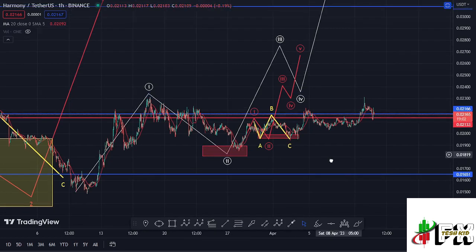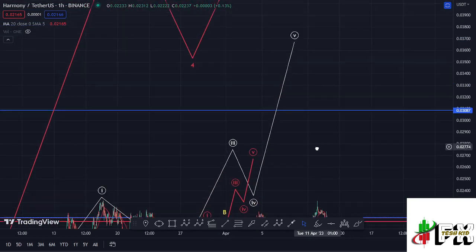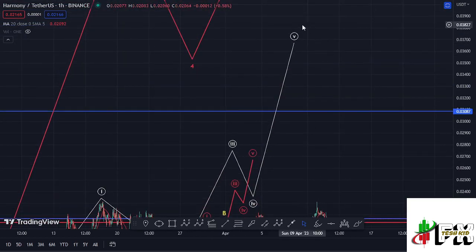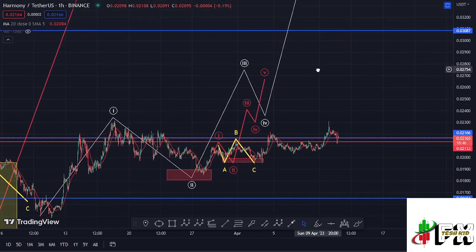And now my primary scenario is that whatever we are seeing at the moment is the formation of this wave 3 before we can expect the wave 4, then continue gearing up in the formation of that wave 5, fully maximizing our target areas in the formation of that larger Elliot wave count 3 to the upper side.